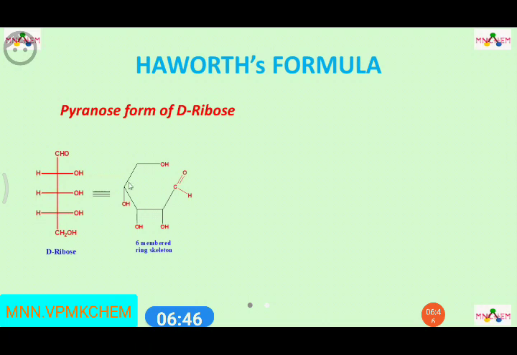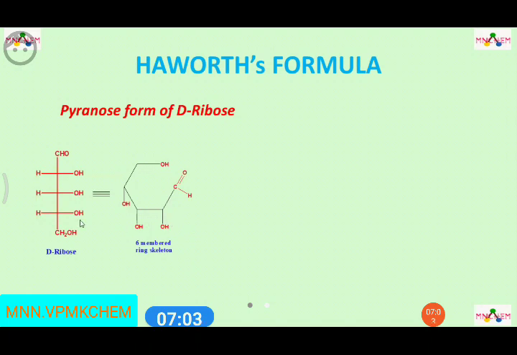When we draw these substituents, remember the groups which are present on the right hand side of this vertical line in Fischer projection should be written below the plane.